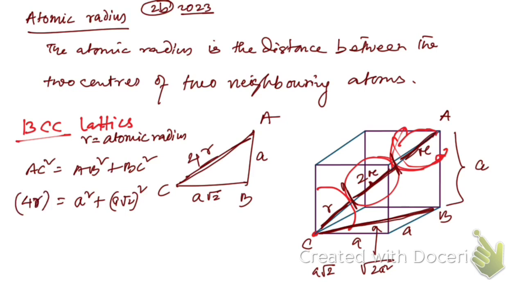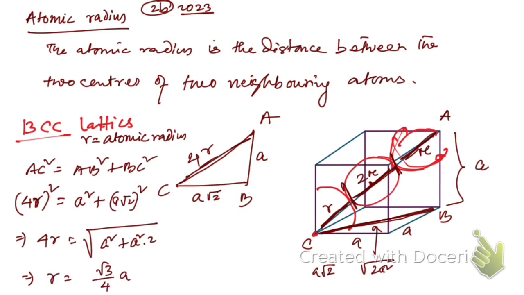If you take the square root, 4r is equal to a square plus a square into 2, that's root 3a. So r will be equal to root 3 by 4 a. So this is the atomic radius for the BCC lattice, right? Hope you have understood this.